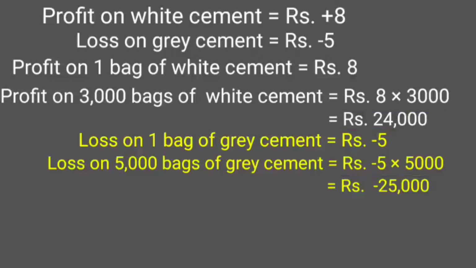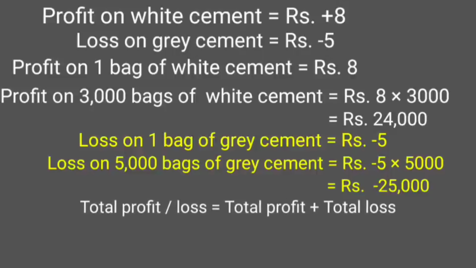To find out the total profit or loss, we have to add total profit plus total loss. So, total profit or loss is equal to total profit plus total loss. Total profit is 24,000 and total loss is minus 25,000. So, 24,000 plus minus 25,000.